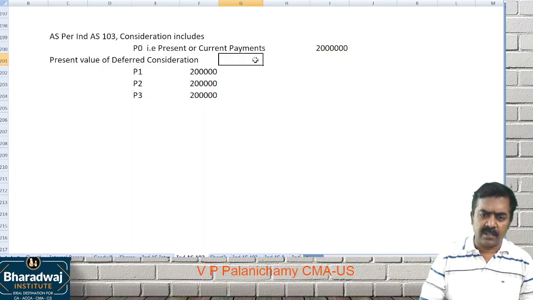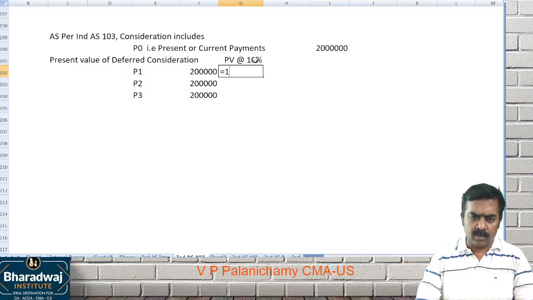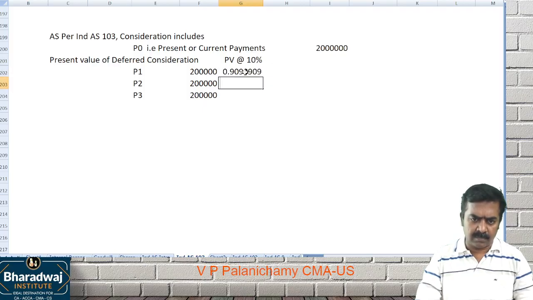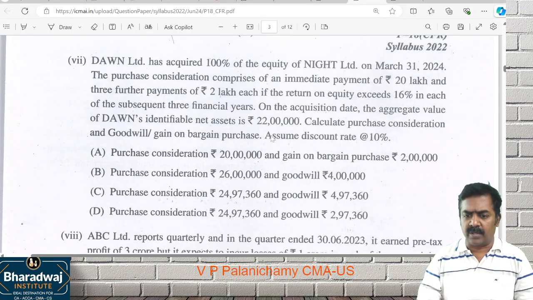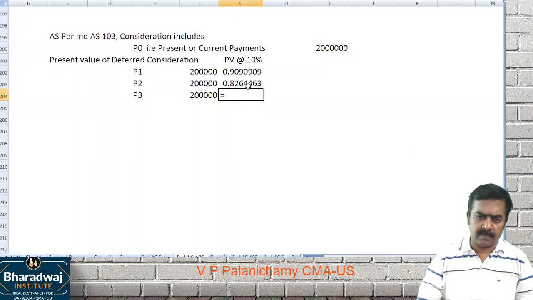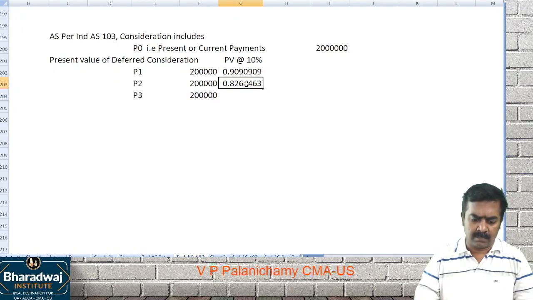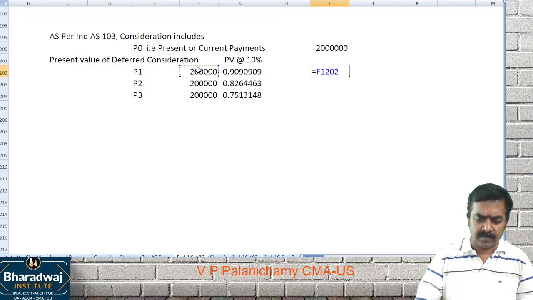Discounting factor is PV at the rate of what? 10% we have to take. 1 divided by 1.1. They have given the discount rate, assume 10%. If you multiply, you will get the present value of consideration.